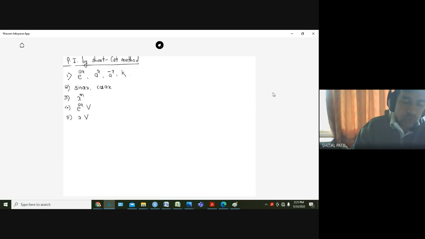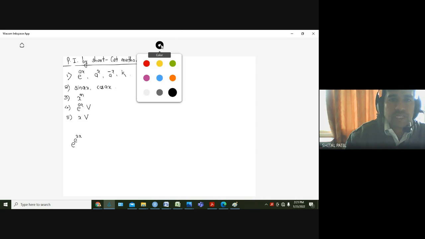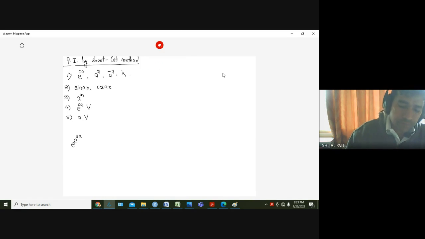So suppose the function f of x is like this: e raised to 3x. Can we use the shortcut method? Have you studied any formula where the function was e raised to 3x?